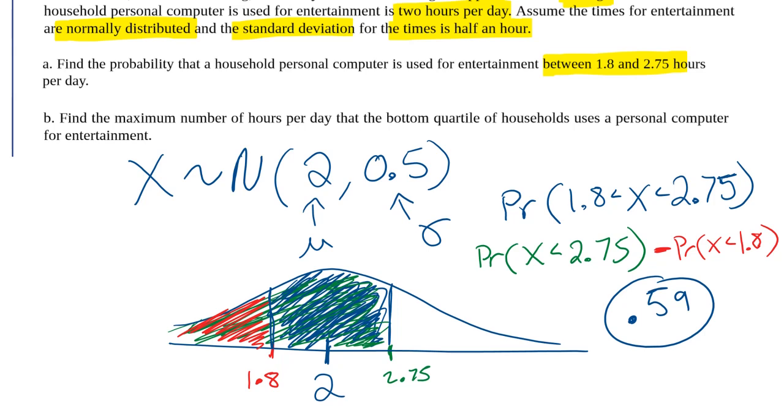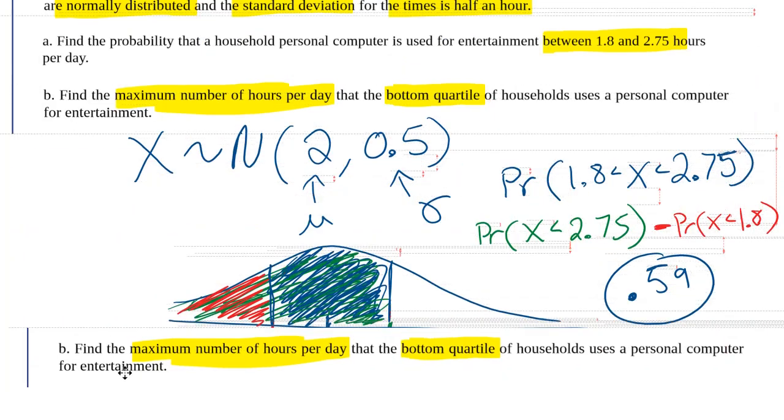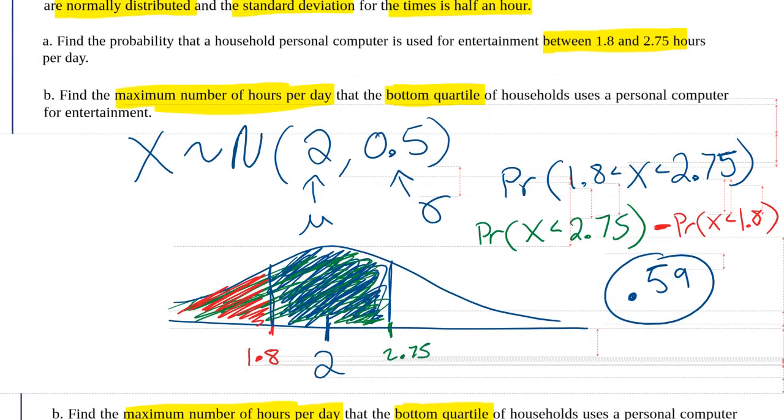Next, find the maximum number of hours per day that the bottom quartile of households uses the personal computer for entertainment. So keyword here, bottom quartile. Let me move this down here so I have more room.